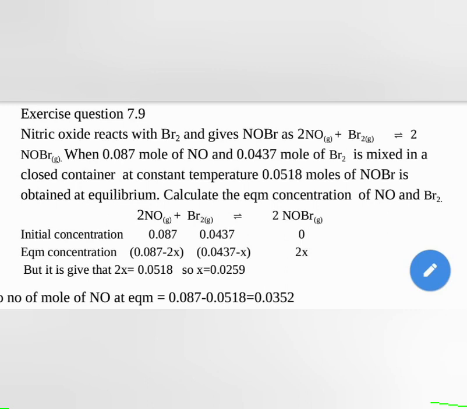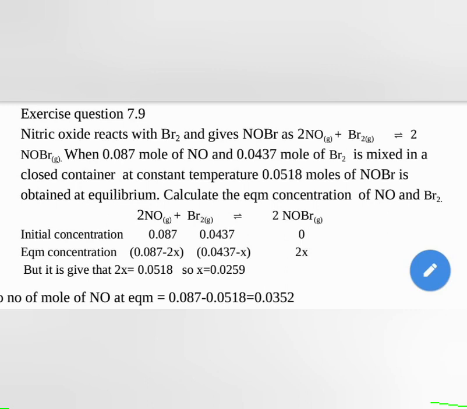Under NO, we write 0.087, which is given in the question. Similarly, for Br2, it is 0.0437. The initial amount of NOBr is not given because initially there will not be any product, so it has to be written as 0. That is very important.